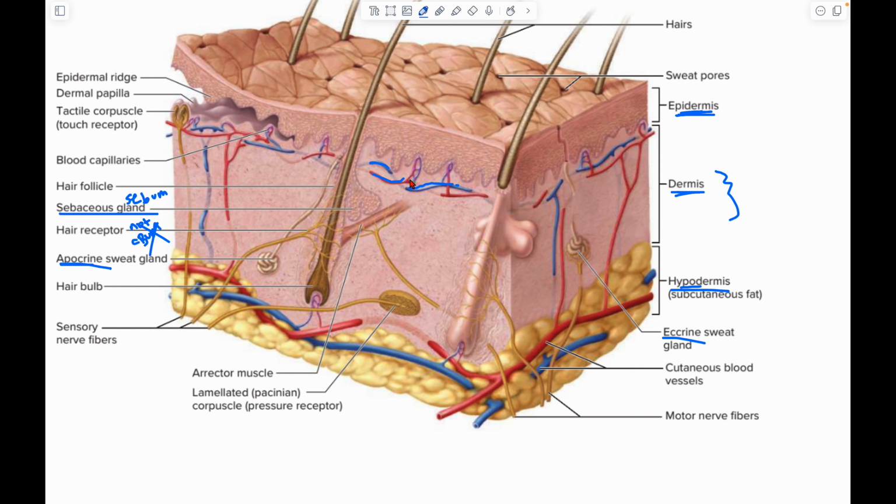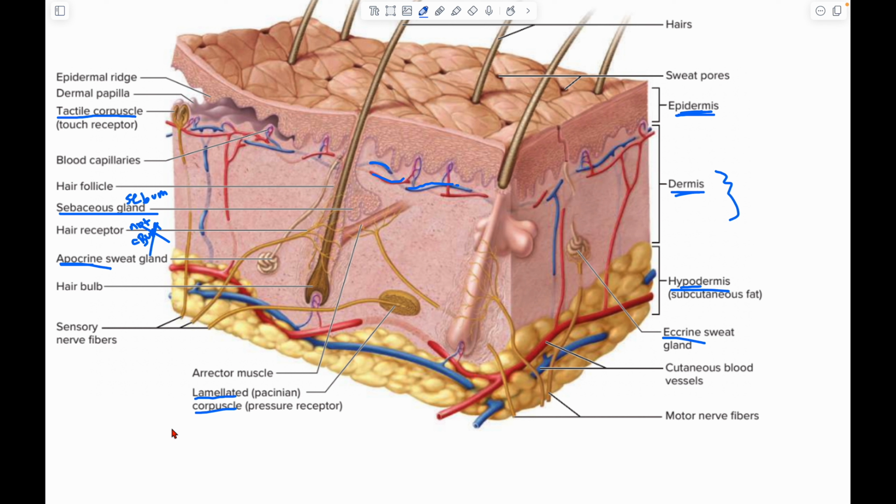The skin is also packed with sensory receptors. In this image, you can see the tactile corpuscle. I'm not sure if I'm saying that right, but here it is right here. It detects light touch and sensory changes. There's also the lamellated corpuscle found down here, which senses deep pressure.